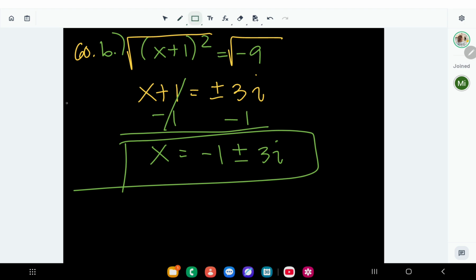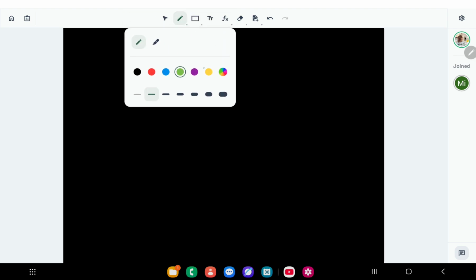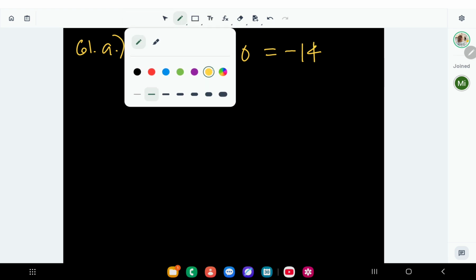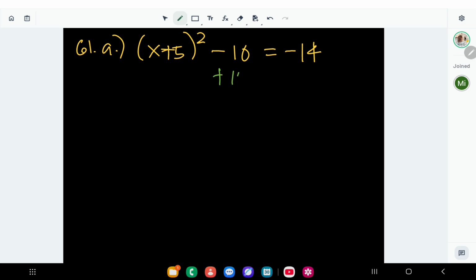Then we move on to number 61. 61a: x plus 5 squared minus 10 equals negative 14. Okay, so we add 10 to both sides.